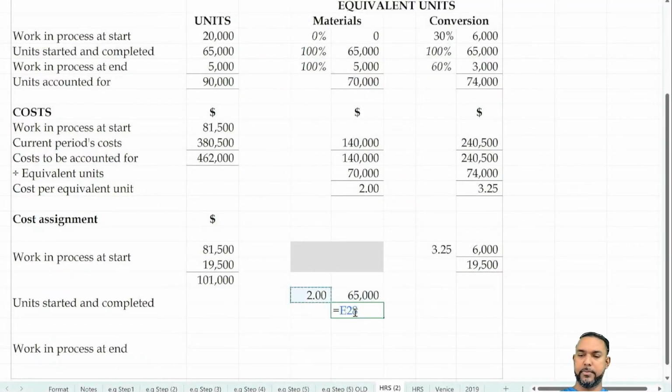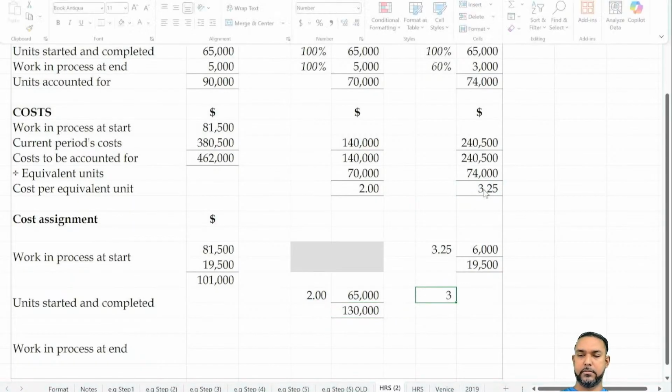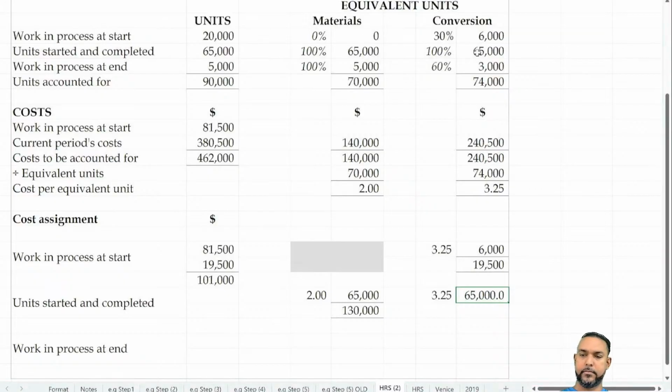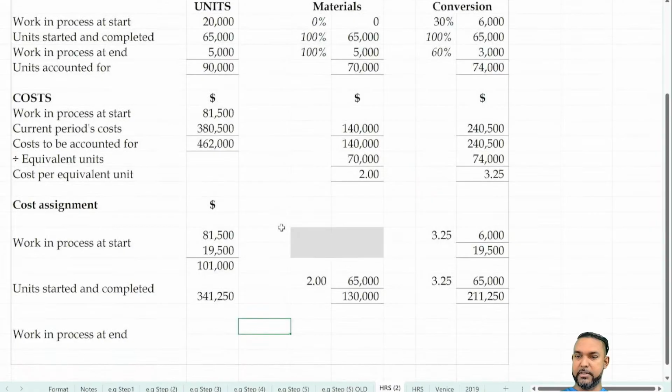We're going to multiply 2 by 65, which is 130, and again it's 325 here as well, and we multiply that by the same 65. Let's copy and paste that across here as well. Here would simply be the sum of these two things, this plus that, 341,250. Okay, I'll give you a minute again to finish it off, and then we'll go on to one more question for the day.